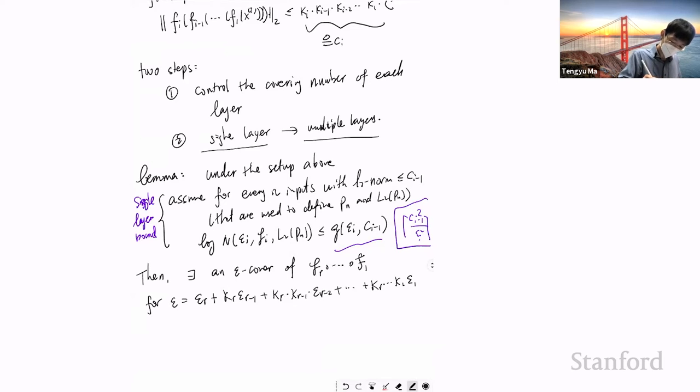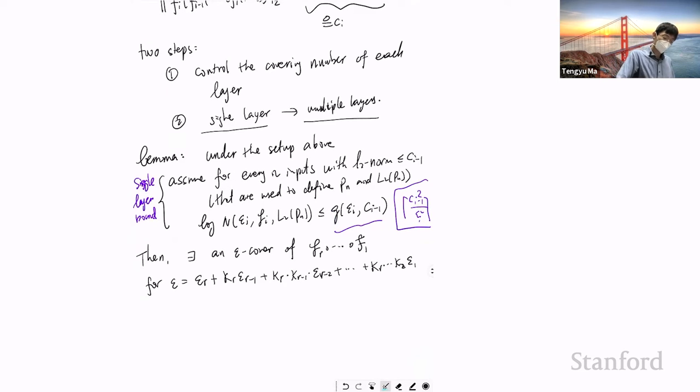What's the symbol on the right? This is G. I'm assuming a generic function here, but when you really use it for linear models, it's going to be something like c_{i-1}^2 over epsilon_i^2.